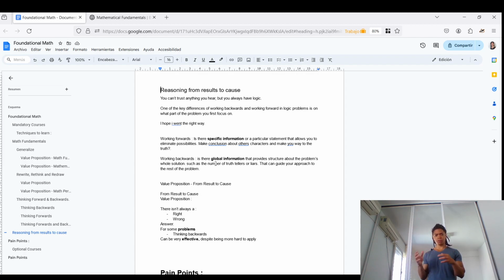After all, there isn't a right or wrong way to solve a problem, just that for some problems, thinking backwards by enumerating all possible combinations can be very efficient despite being hard to apply. So our focus is on this particular approach in mathematical logic.